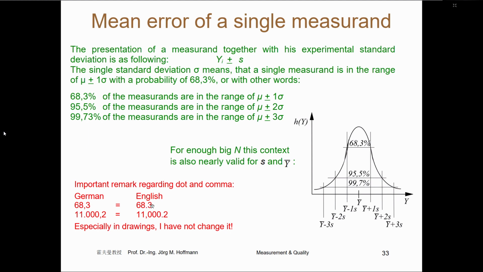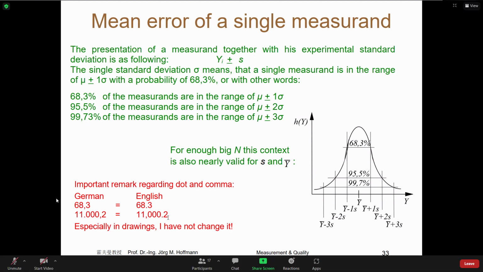This is the same as English 68.3, but we write it with a comma. And in German, it is 11.000,2. In English, 11,000.2. That means the dot and the comma are swapped between German and English.